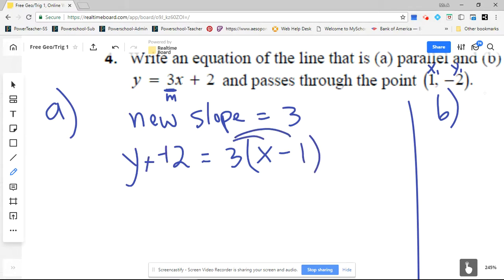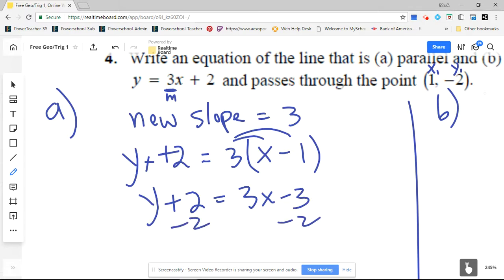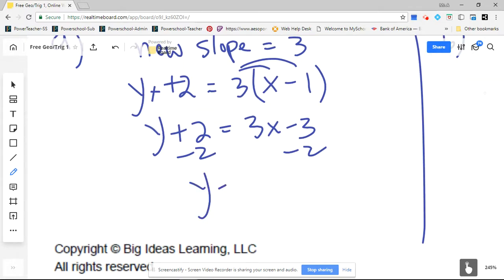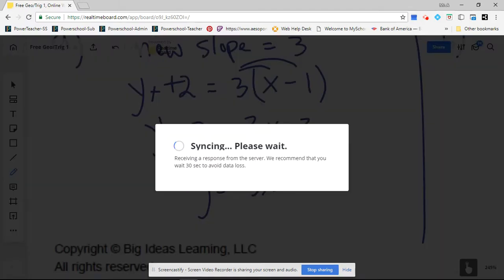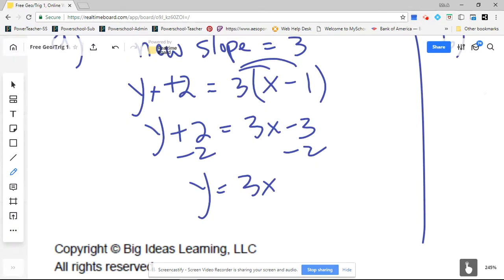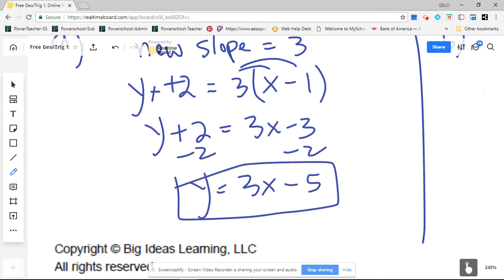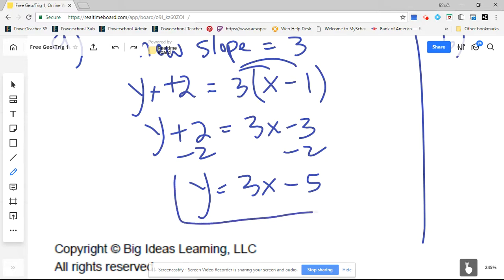We'll make these both pluses. So you get y plus 2 equals 3x minus 3. And all you got to do is subtract 2 on both sides. So y equals 3x minus 5. So there is your equation of that line.